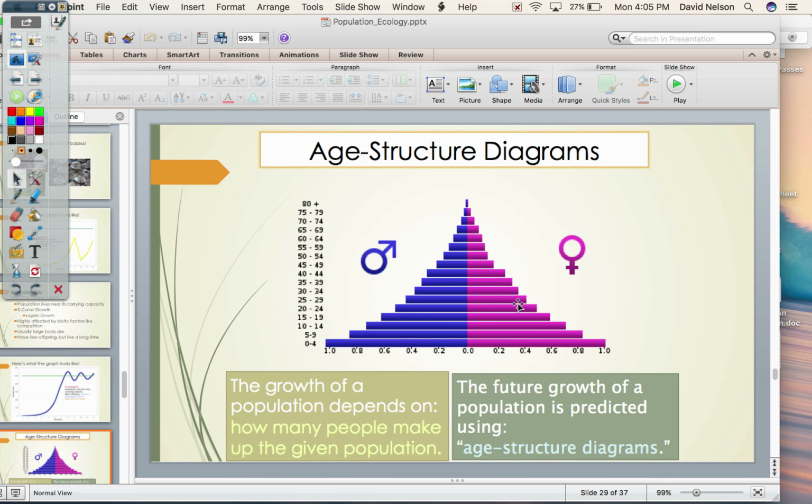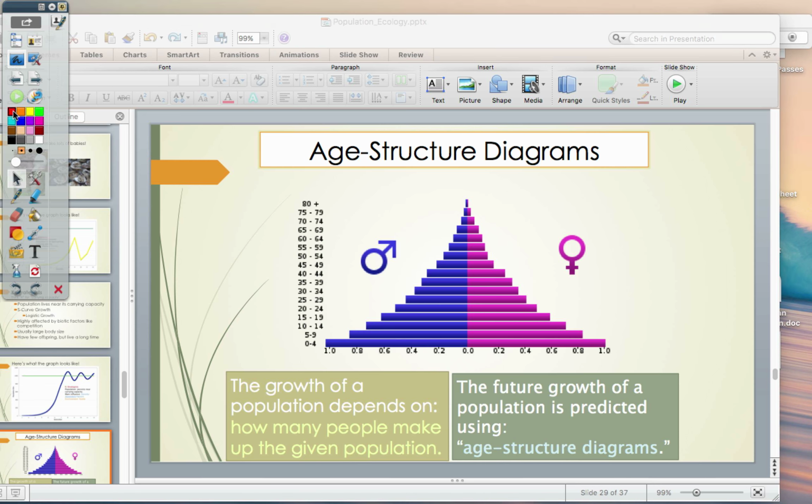And we're really interested in ranges of ages. That's why they're shown here. So in an age structured diagram, we will use red here.